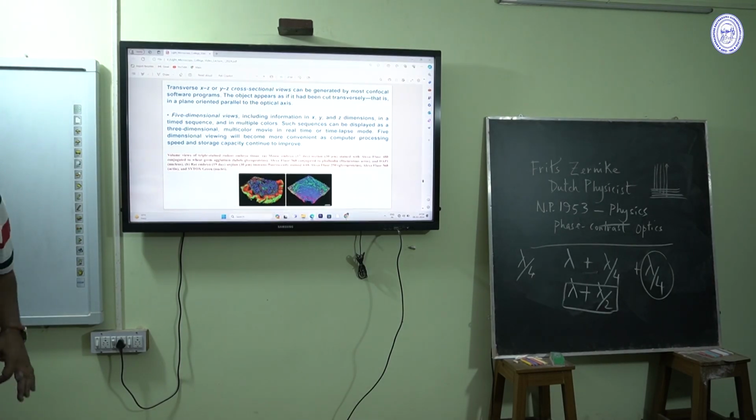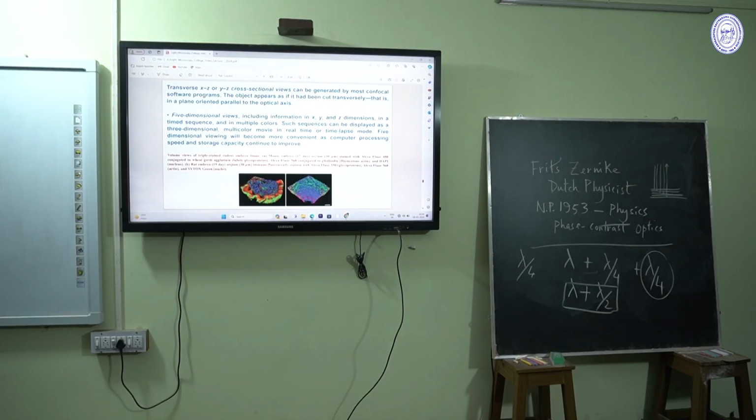Transverse XZ or YZ cross-sectional views can be generated by most confocal software programs. The object appears as if it had been cut transversely, that is, in a plane oriented parallel to the optical axis.